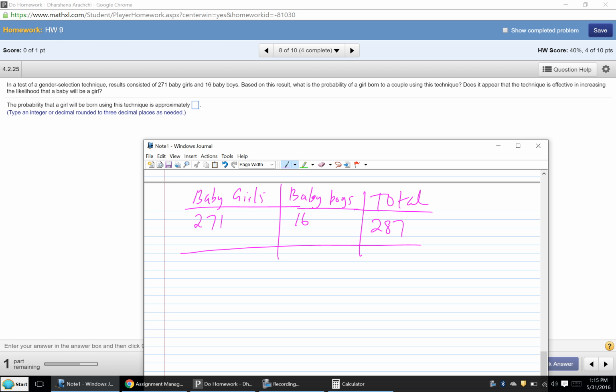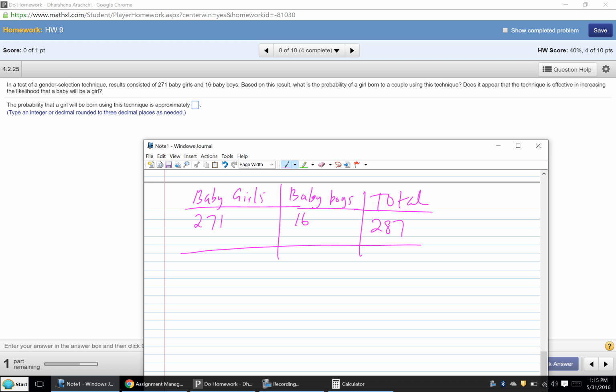Using this experiment, we need to approximate the probability of having a baby girl if a couple undergoes this gender selection technique.